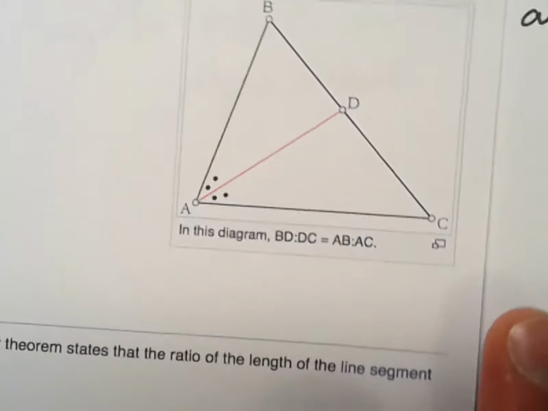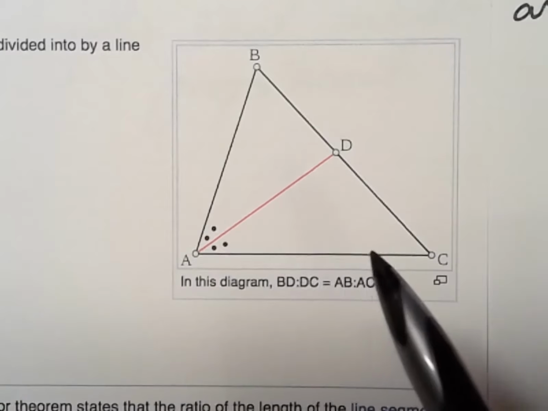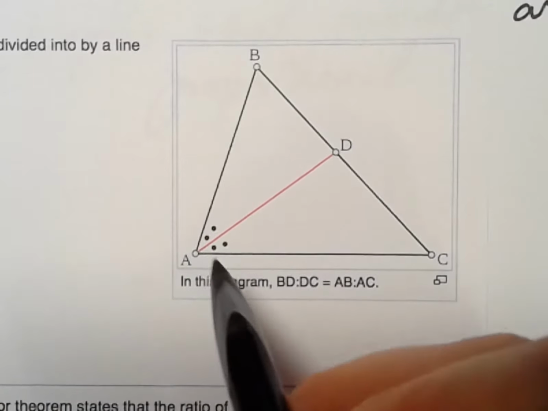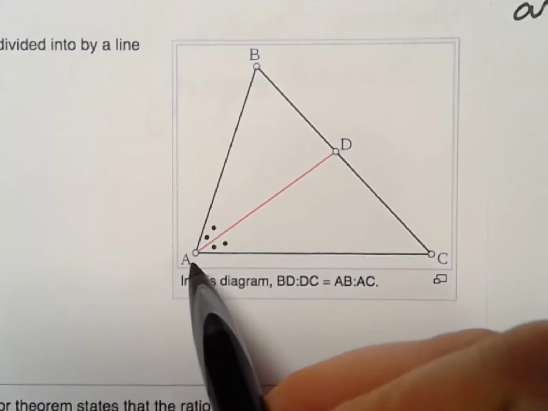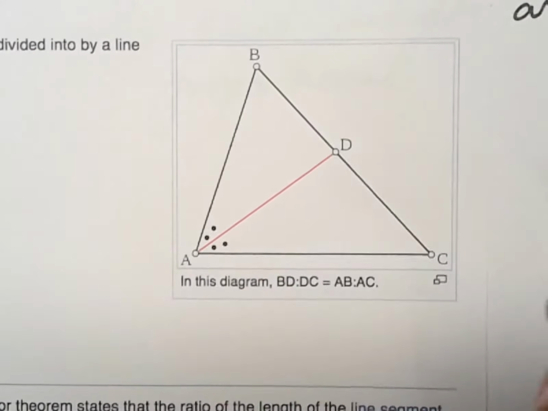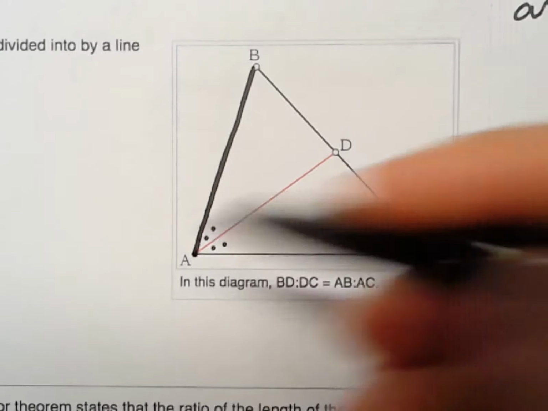So in this diagram right here, AD has bisected angle BAC. So this angle here, I'm just going to trace it so that it's clear.